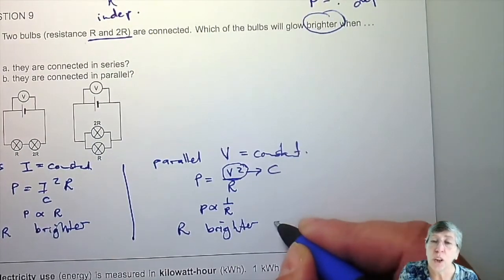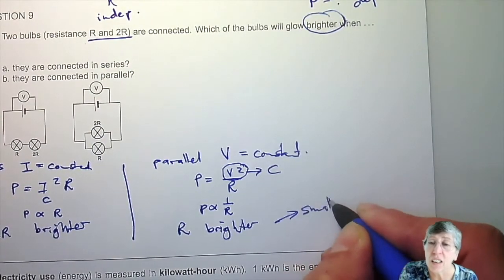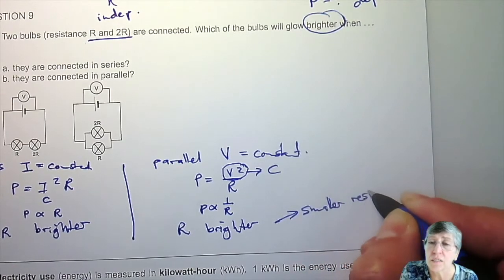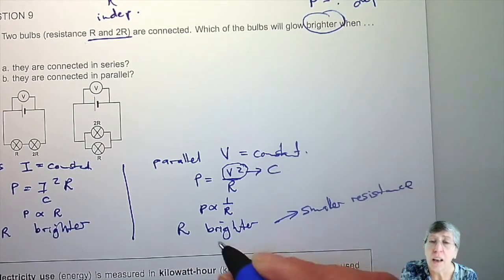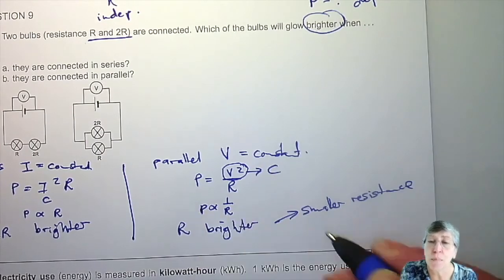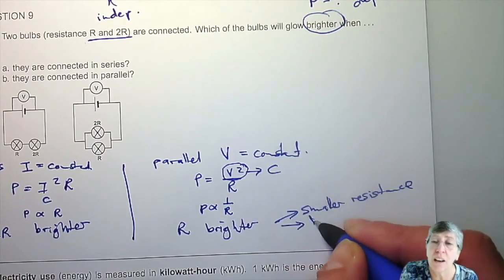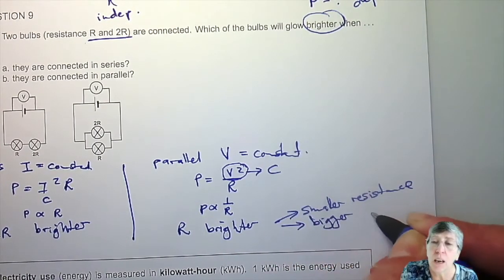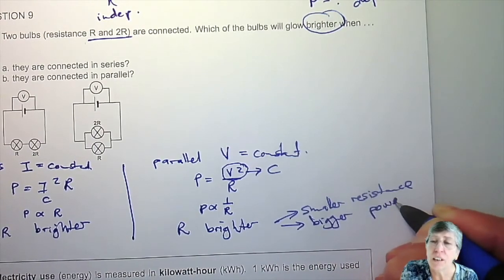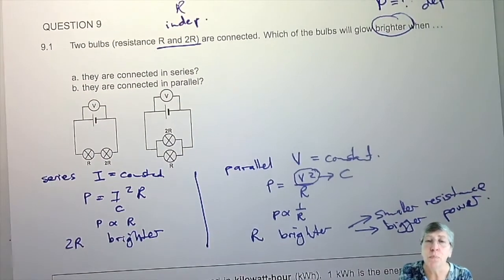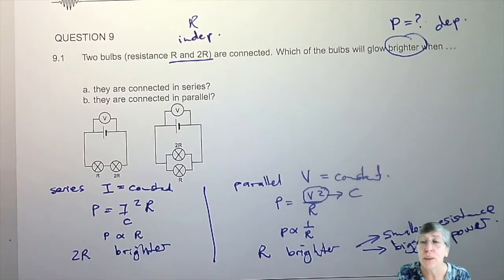It's got a smaller resistance, but resistance is inversely proportional to power, so it will have the bigger power, right? And if it's got a bigger power, it means more light energy per second.